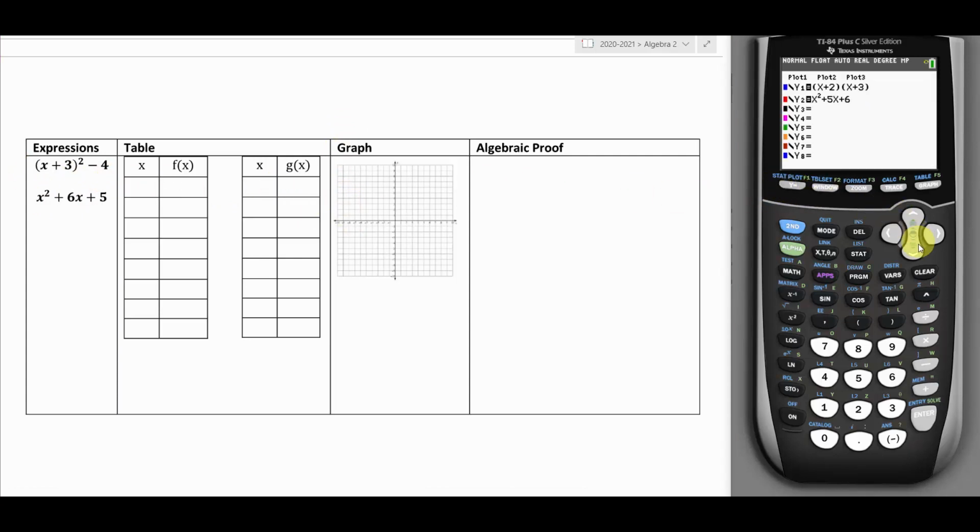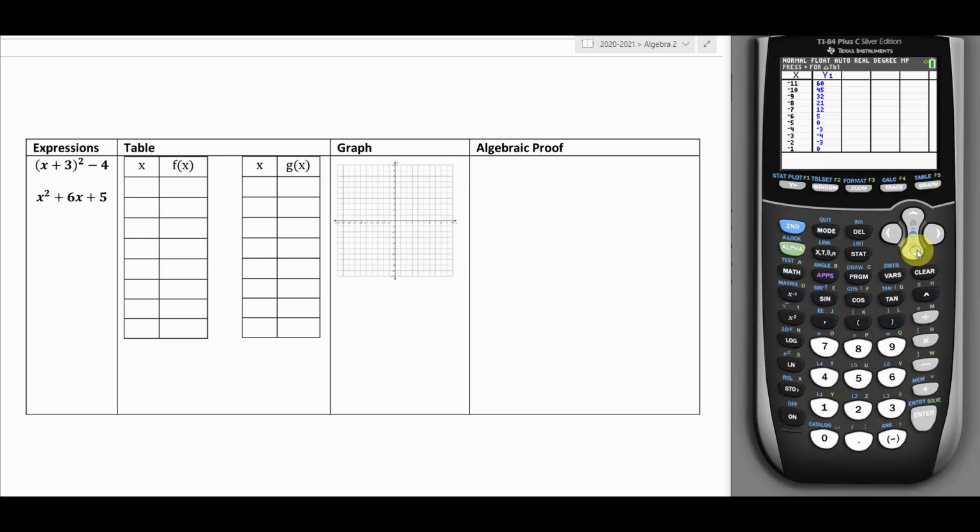I'm going to go to y equals again, clear everything out, and let's just put them in one at a time for right now. And we'll start with this first one, x plus 3 squared minus 4. And let's take a look at the table. Okay. And I'm going to go down a little bit. I want to stay around 0 somewhere.